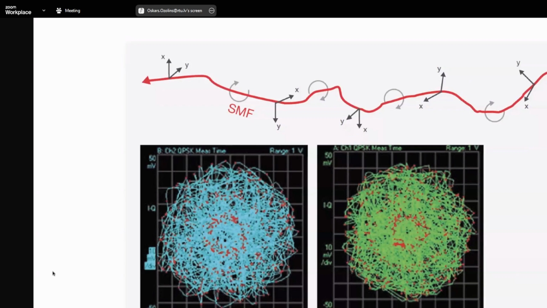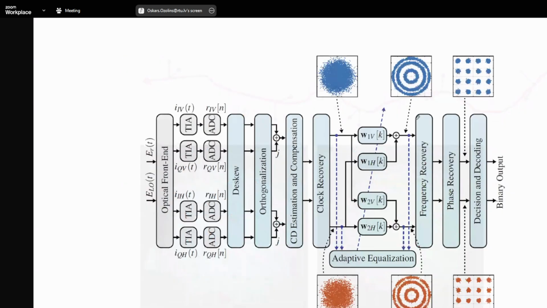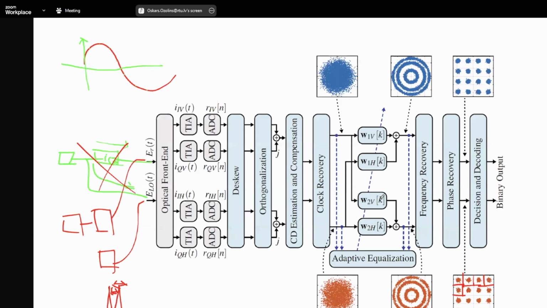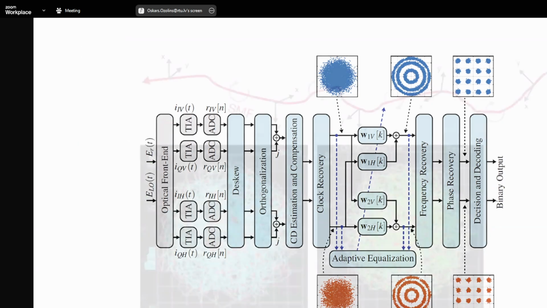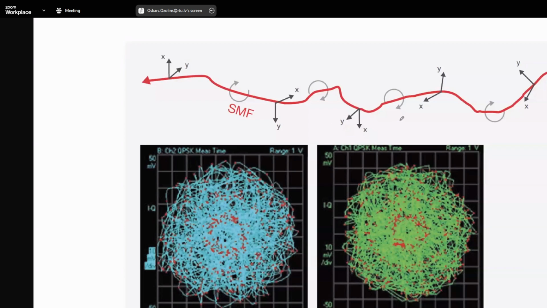This is what we looked at here. This butterfly equalizer is also called MIMO equalizer. So we have 2 by 2 there, and what we can do is track back all the polarization rotations in the fiber.